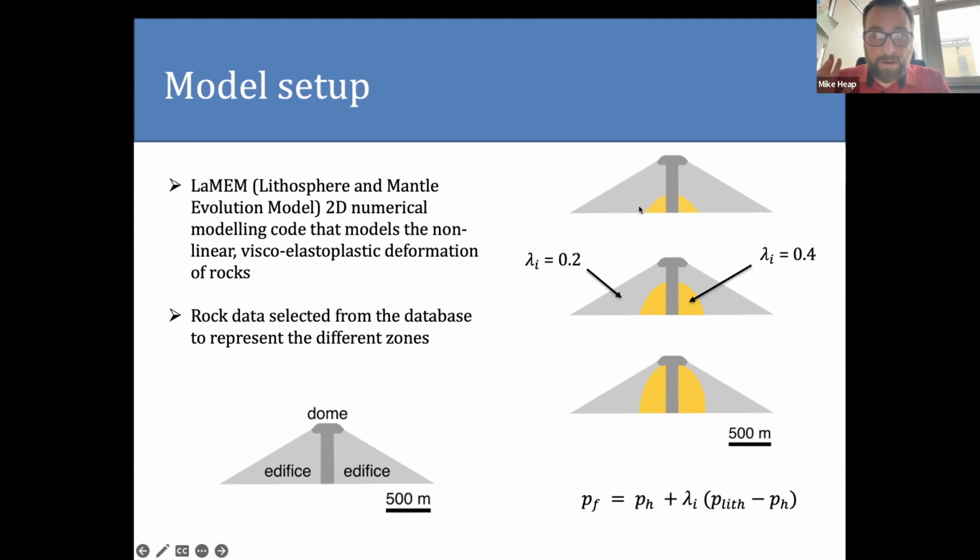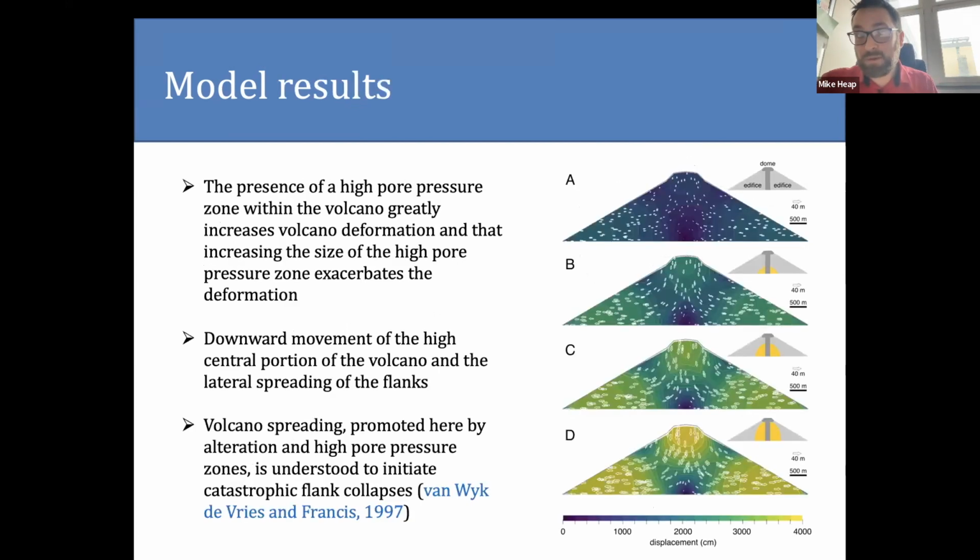To represent the pore pressure zone, or to encapsulate this idea of low permeability, we increase the pore pressure coefficient inside the alteration zone. So this alteration zone is stronger, which might be good, but it also has a higher pore fluid pressure because of the lower permeability. So let's have a look at what that does.